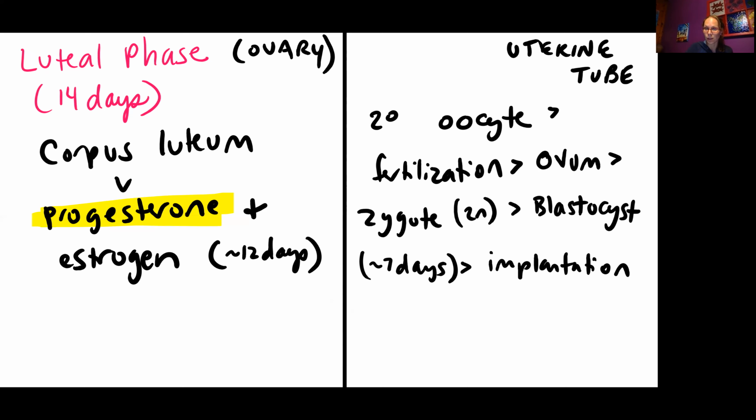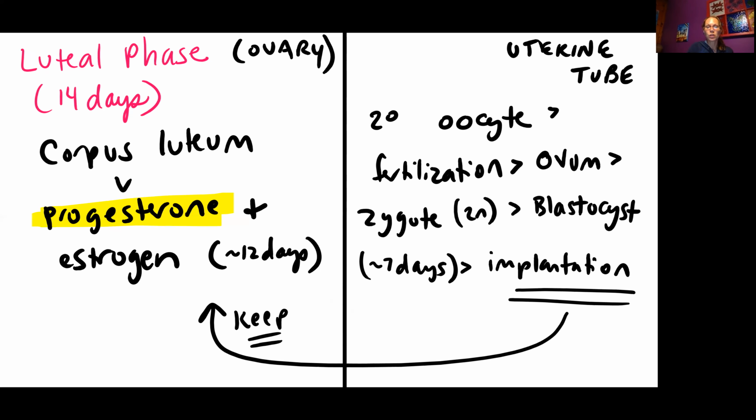And so now we have a zygote, which is our diploid fertilized egg. And then we start to see a special type of cell division called cleavage happening in order to ultimately get our embryo, which we can call a blastocyst. And then about 7 days after fertilization, we'll see that blastocyst moving into the uterus for implantation.